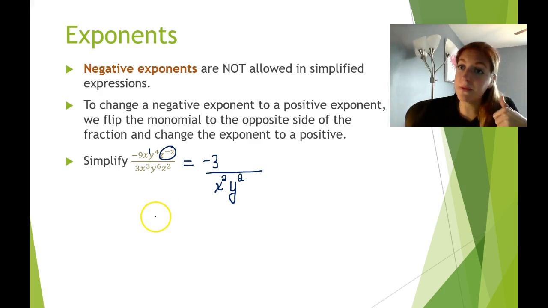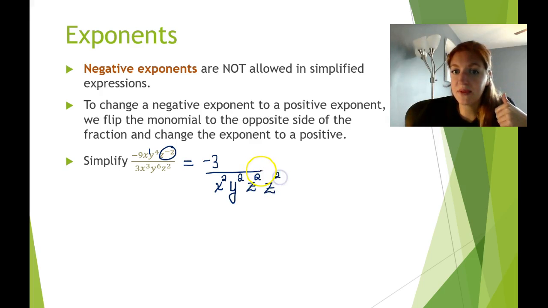So to make him happy, we can flip him to the bottom. We already have a z squared down there, but if we move that z to the -2 down to the bottom, it makes him happy. And you may notice now I have two z's which are being multiplied on the bottom. So to combine them, I can just add.